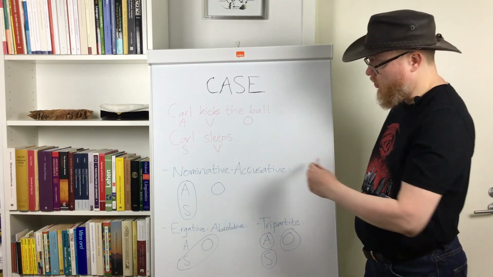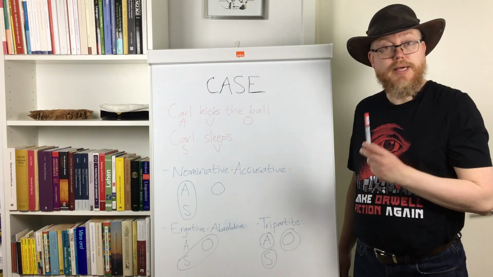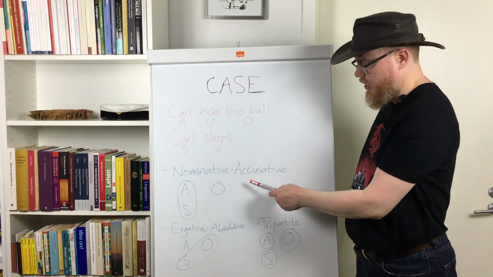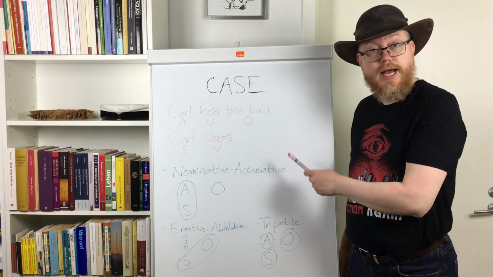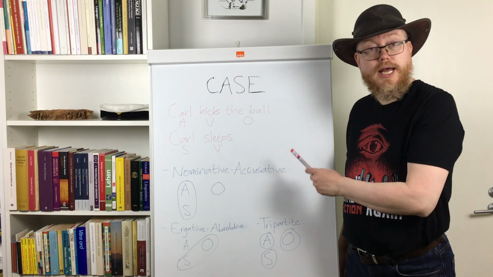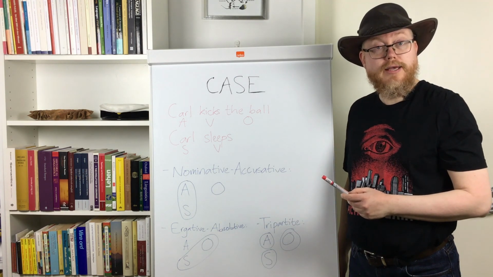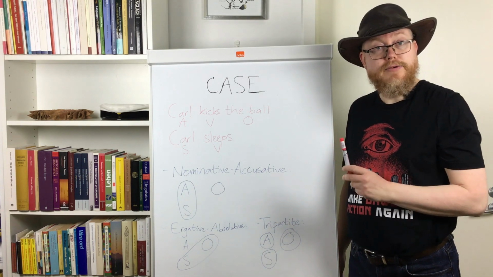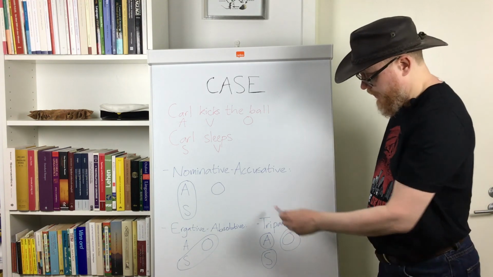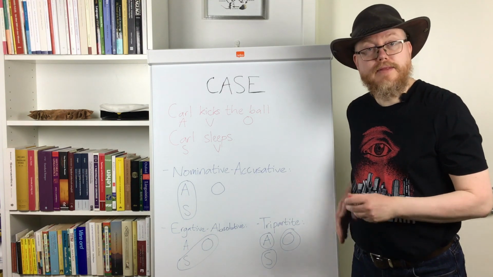And you see, all three of these case marking patterns are relevant because in Pama-Nyungan languages, pronouns usually take nominative-accusative case marking. Common nouns and names take ergative-absolutive case marking. And there is usually also a subclass of nouns or pronouns that take tripartite marking.